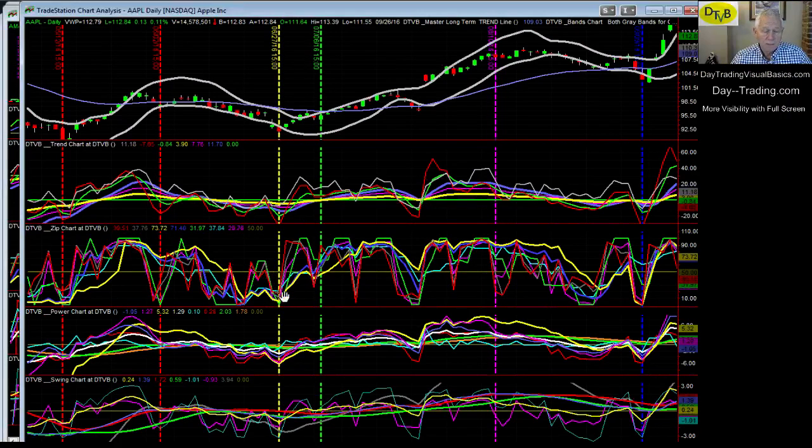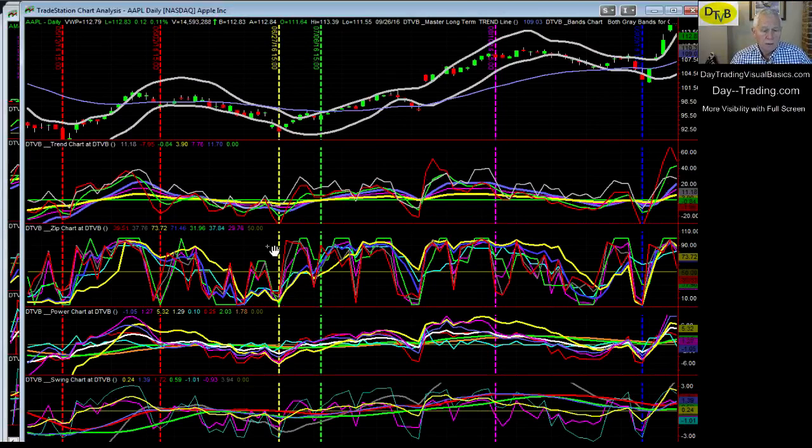You can see that zip yellow is under 20. And when it's under 20, then you are typically or almost always in a downtrend. The peak here on this day, zip yellow, is at 22.9, so it's almost 23. But again, you deal in approximate ranges.